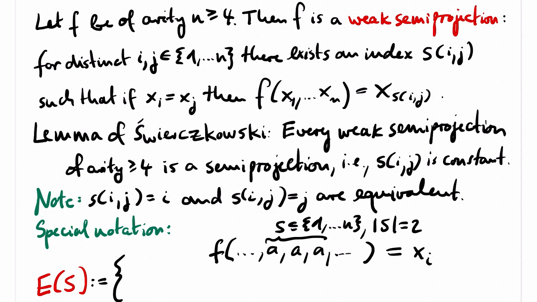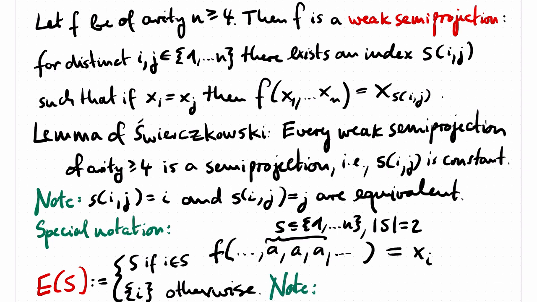Consider f applied to some arguments, the same value for all indices that are in S. Suppose that the weak semi-projection f returns x_i. If i is in S, then E of S is defined to be S. Otherwise, E of S is the singleton set that just contains i.